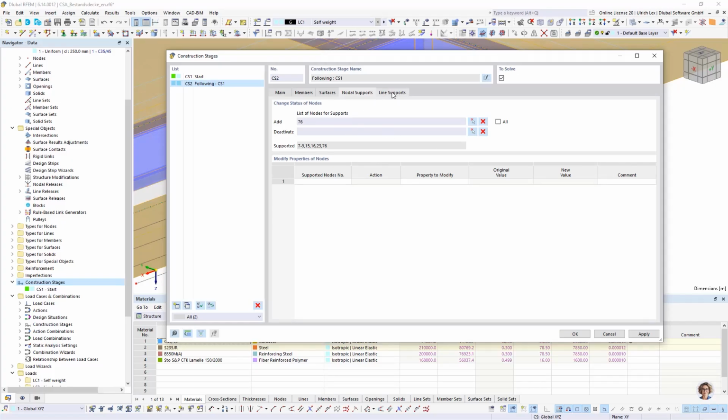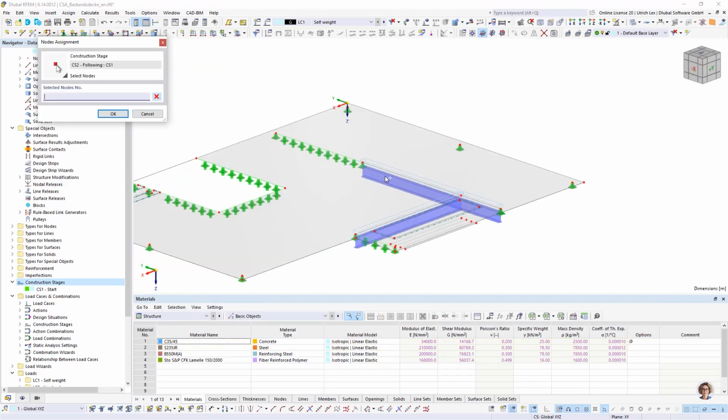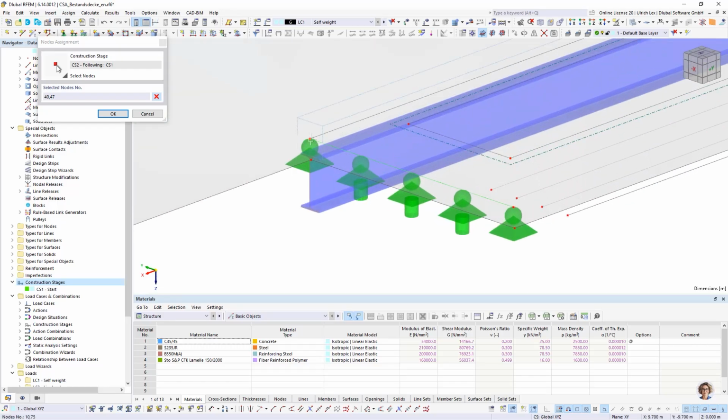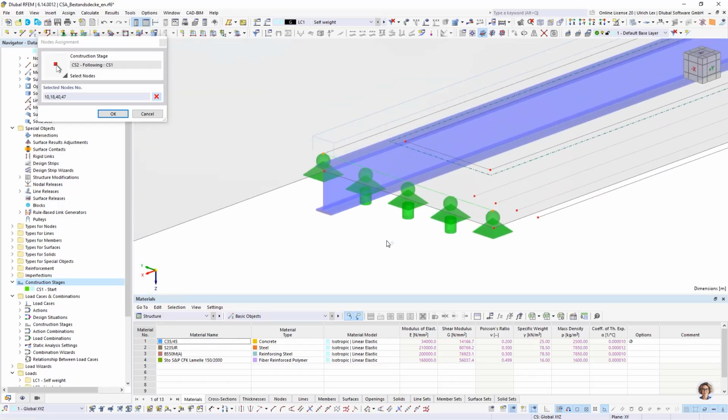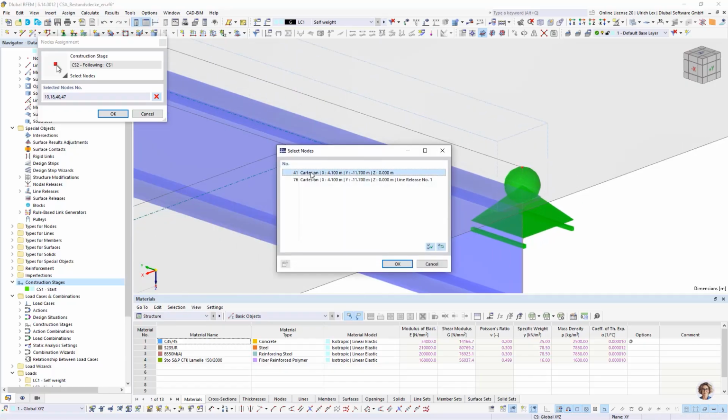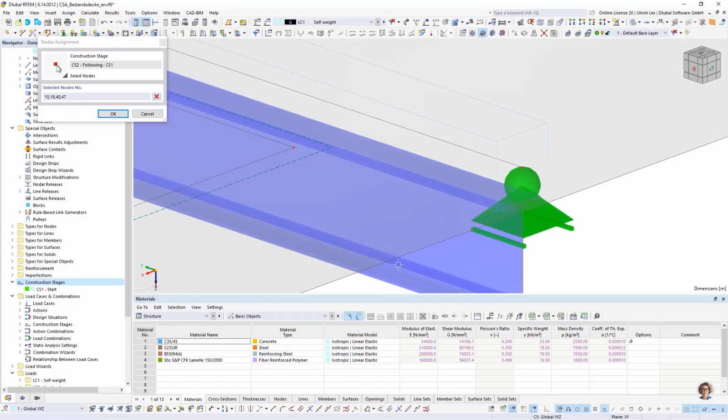And I want to change and deactivate this one and this one. This one and this one. And the 41.